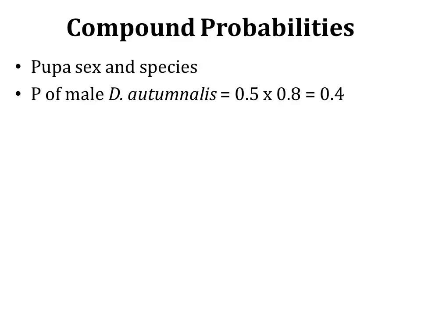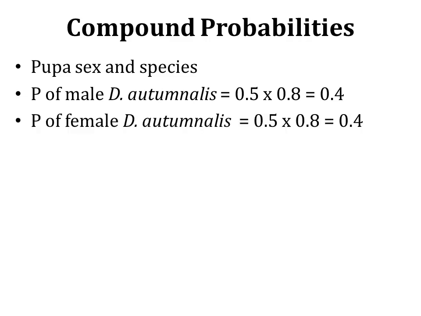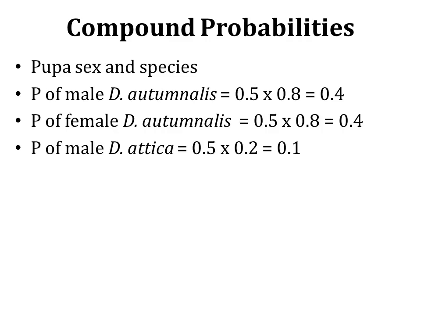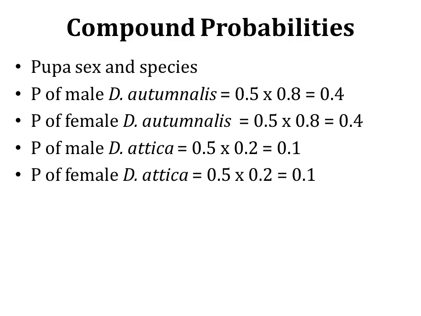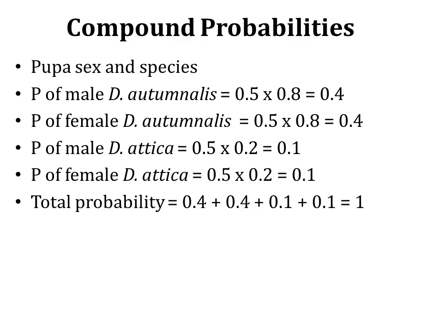For pupa sex and species, the probability of a male is 0.5, and for the species autumnalis it is 0.8. So the compound probability of male Dixella autumnalis is 0.4. The probability for female Dixella autumnalis is 0.4. The probability for male Dixella attica is 0.1. The probability for female Dixella attica is also 0.1. And the total probability of all these possible outcomes is equal to 1.